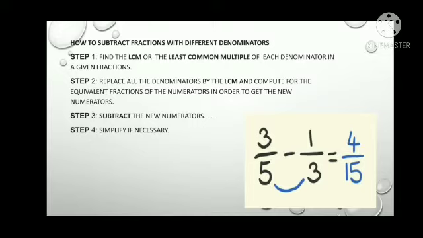Later in our example we will see how to get them. It is simply the same as what we have already done with addition of fractions with different denominators, or adding dissimilar fractions. Then again, simplify if necessary or reduce to lowest terms if possible.